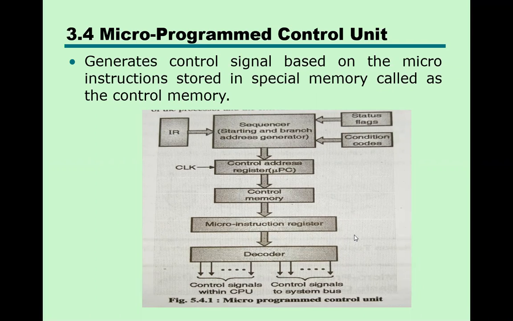So it is decoded, and then after decoding, the signal is given to the individual components of the processor and external devices, like a control signal within a CPU, or a control signal within a system bus. In this way, the control signal is generated in the microprogram control unit.